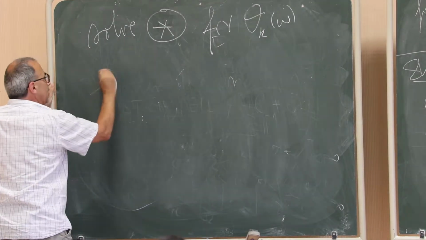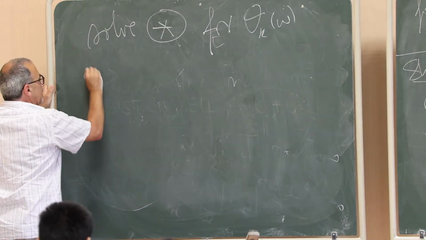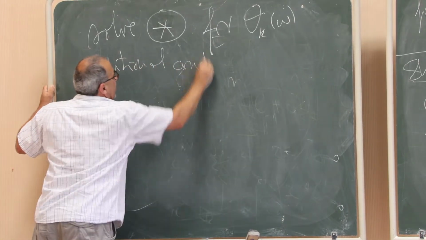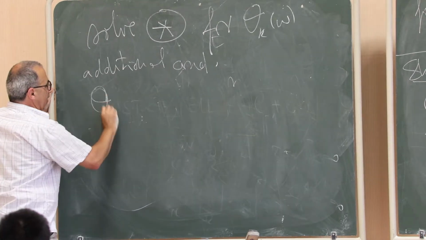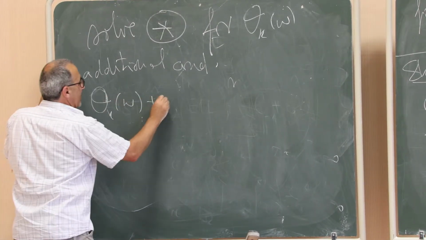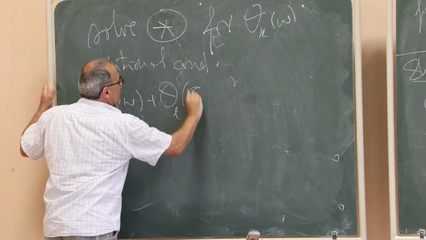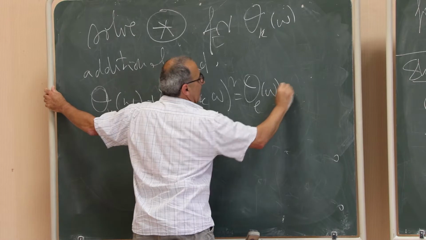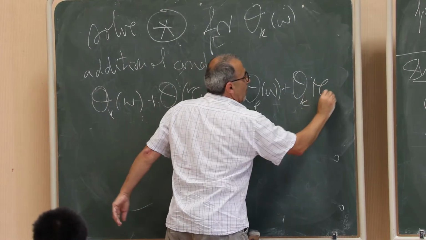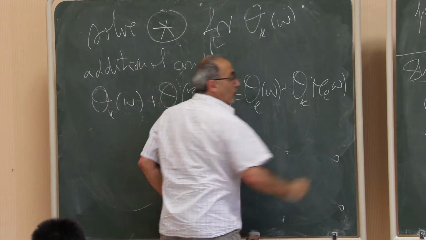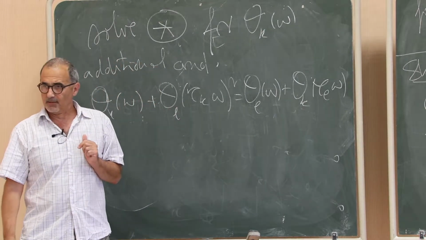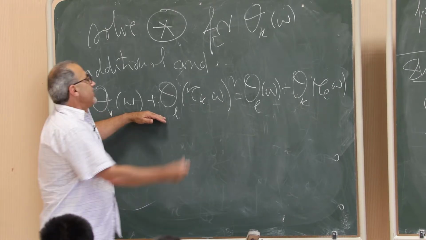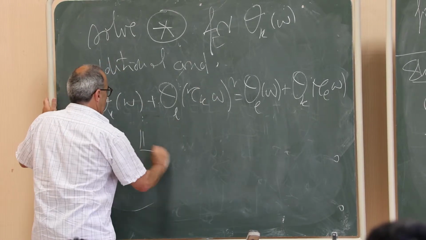With the additional condition that theta is a gradient, that means theta k omega plus theta L tau k omega equals theta L omega plus theta k tau L omega for all k and L on any plaquette. So this is the additional condition, and expectation of theta zero.